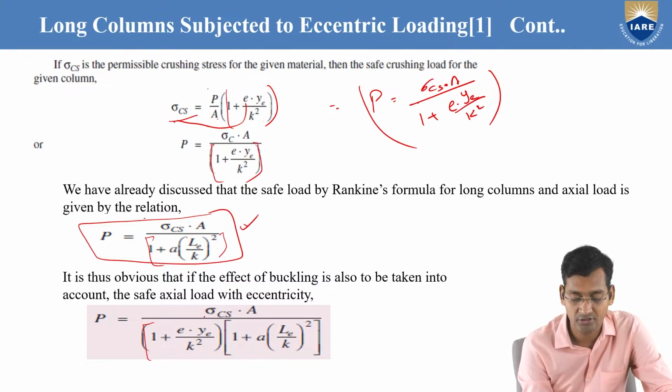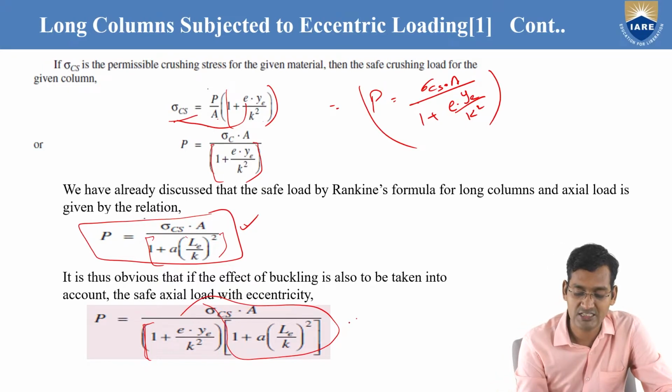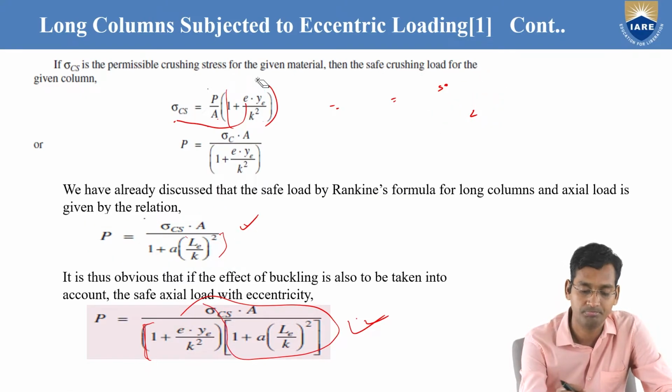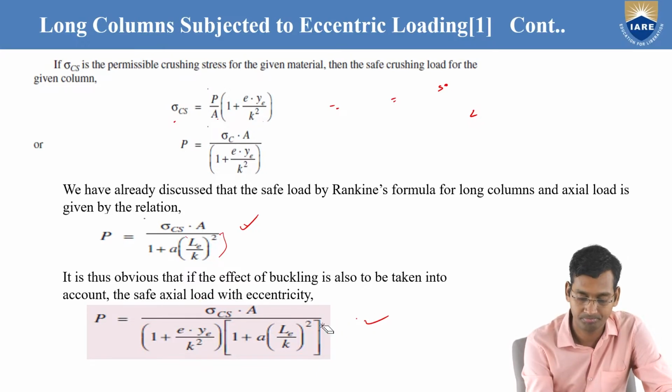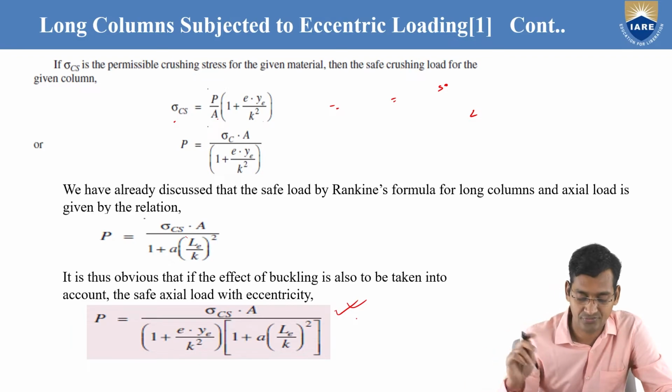So the total will be P equals, in terms of eccentricity, this remains the same as without eccentricity, and this term gets added: 1 plus e into y e by k square. So overall, with eccentricity, this will be the value of load after combining both. This is the final formula with eccentricity, equivalent length, and radius of gyration.